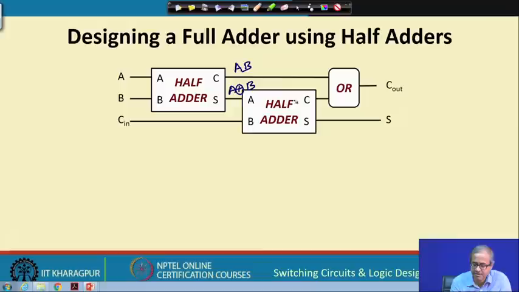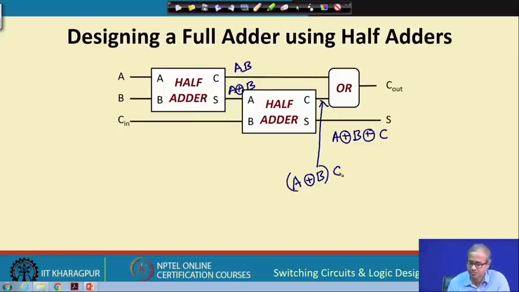In the next half adder, the inputs are A XOR B and C, let us say C. So, the sum will be A XOR B XOR C, and this carry output will be A XOR B and C. This point will be A XOR B, this is one input and the second input.